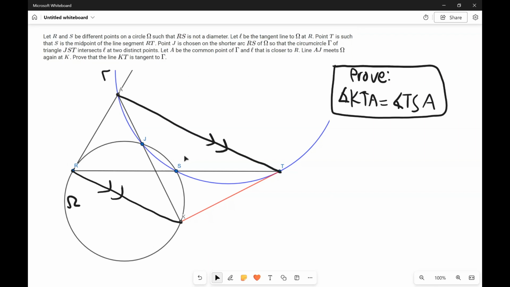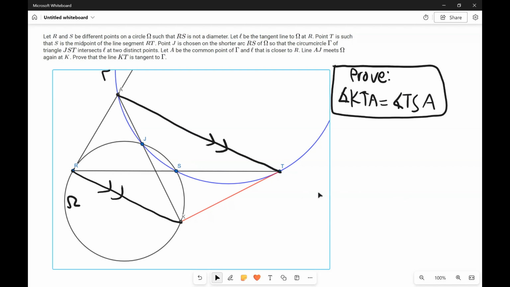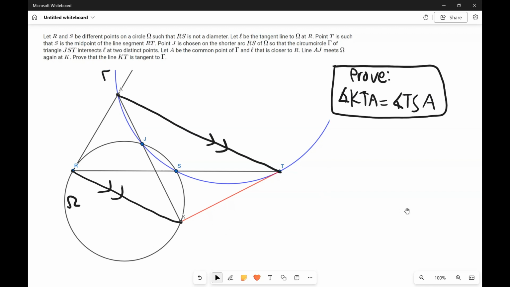S being the midpoint of line RT seems rather strong for this problem, so we might want to try using it somehow. And since AT is parallel to RK, and we have a midpoint here, the thing that reminds us of midpoints and parallel lines is, well, parallelograms. So let's construct a parallelogram. Let this point K prime here be such that RKTK prime is a parallelogram.